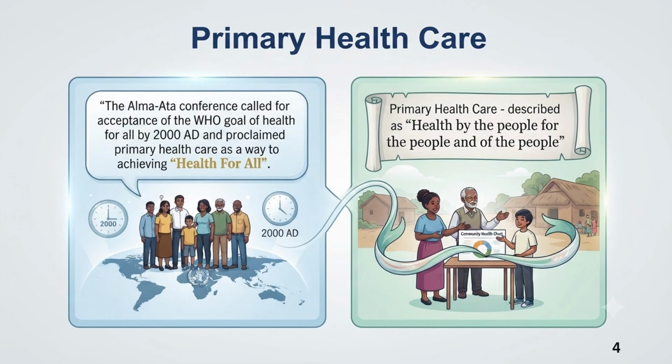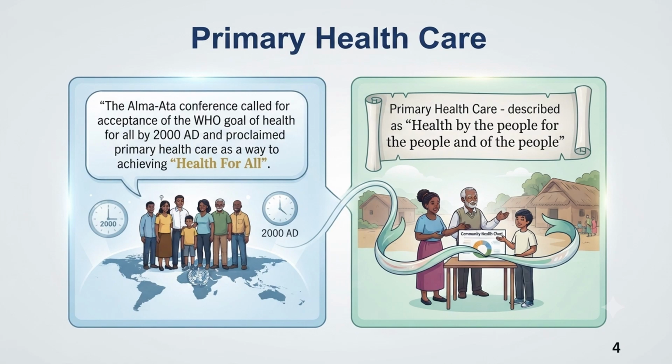And what is primary healthcare? We should keep people's health in people's hands only. Then only we can achieve Health for All, they thought. So primary healthcare is nothing but health by the people, for the people, and of the people. That is, we should keep people's health in people's hands.